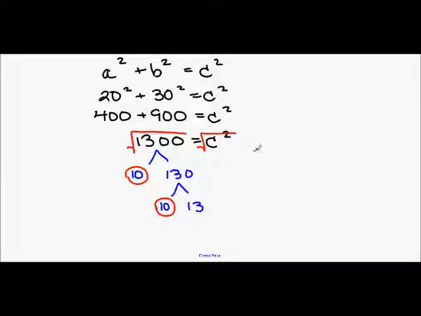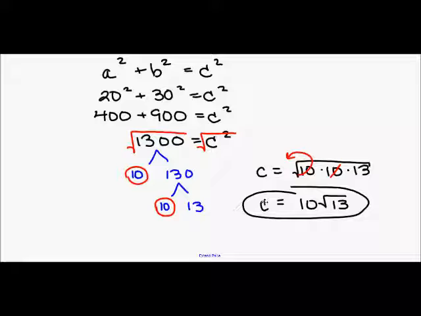So I end up with c, because I took the square root, is the square root of 10 times 10 times 13. Kick a 10, drop a 10, leave a 13. So c is 10 square root 13. And that's my answer.